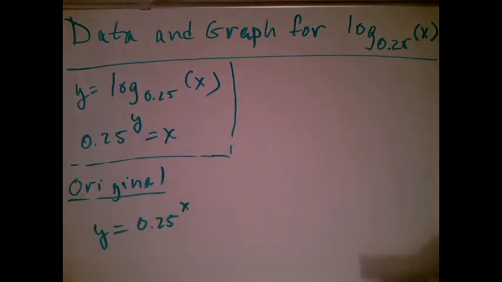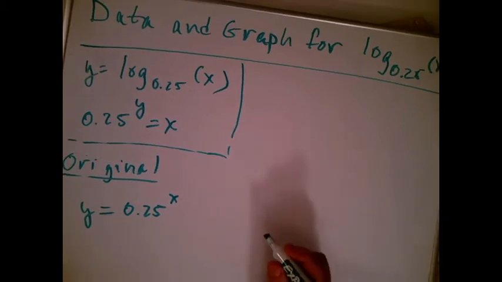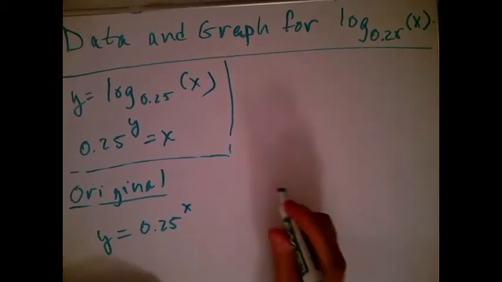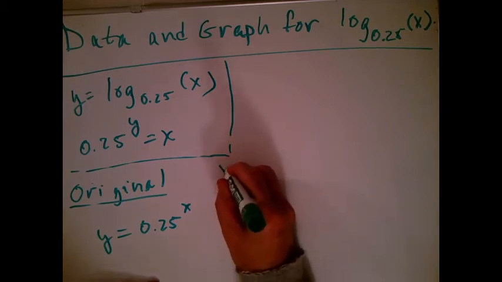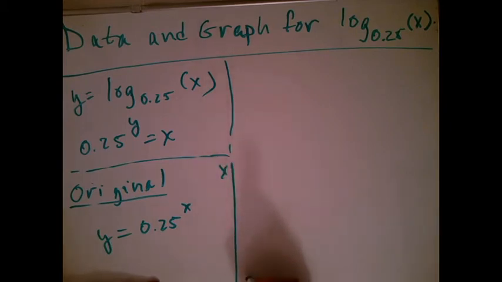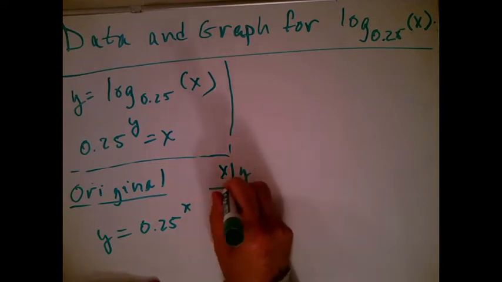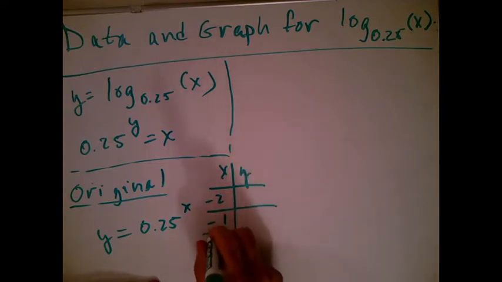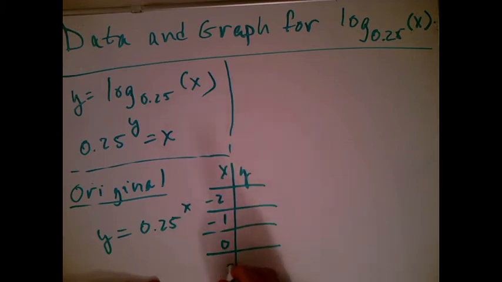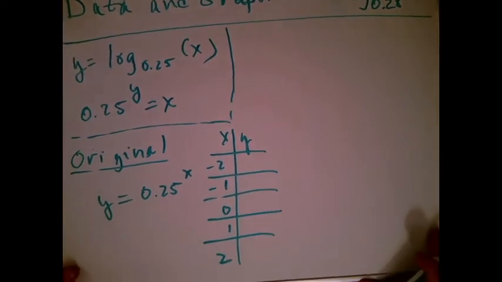We can make a table of values of this without breaking too much of a sweat. What I'm going to do is try to squish that a little bit in here so I can have lots of room for graphs. I'm going to get x and y, and just the usuals, minus 2, minus 1, 0, 1, 2. Now how does this work?